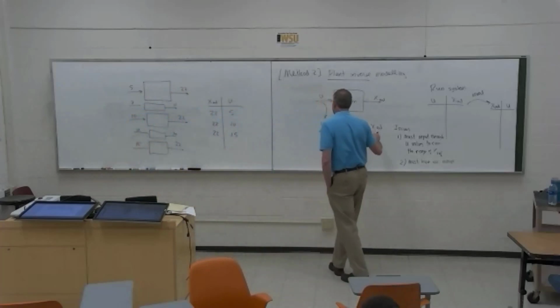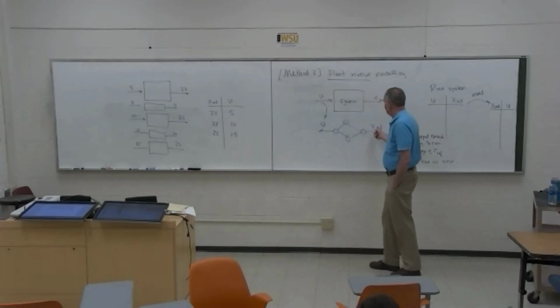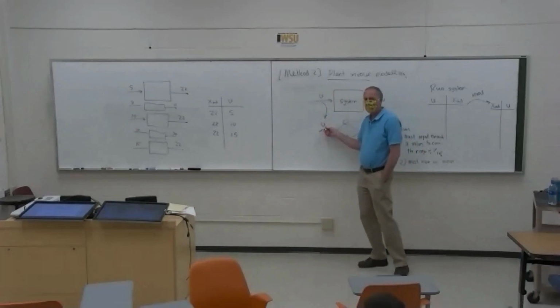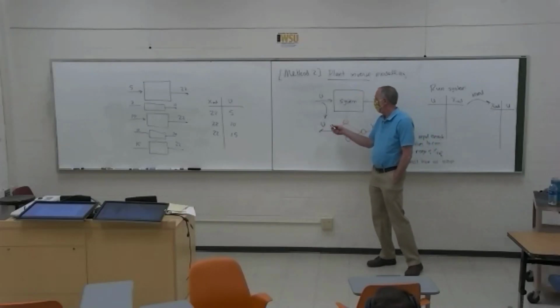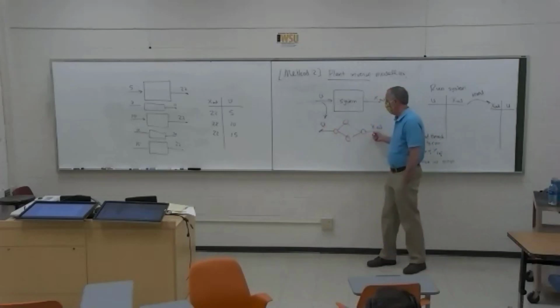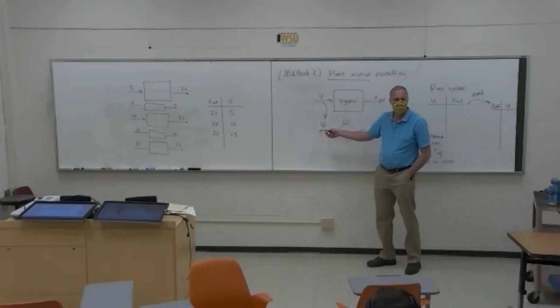We're putting in a 22. And we get a number here, and we say, oh, the correct answer is 5. So then I put in a 22. Sorry, did I do this right? Yeah, I put in a 22, and the next training pair says, oh, the correct answer is 10. 22, oh, the correct answer is 15.